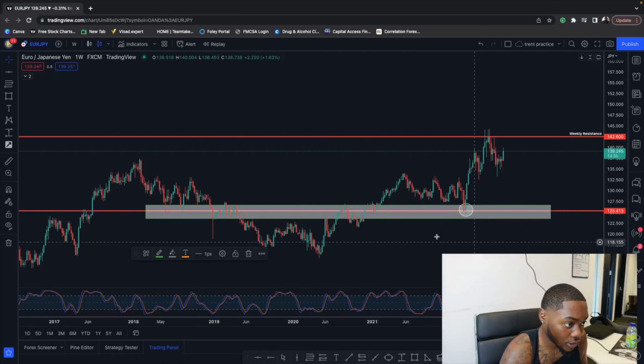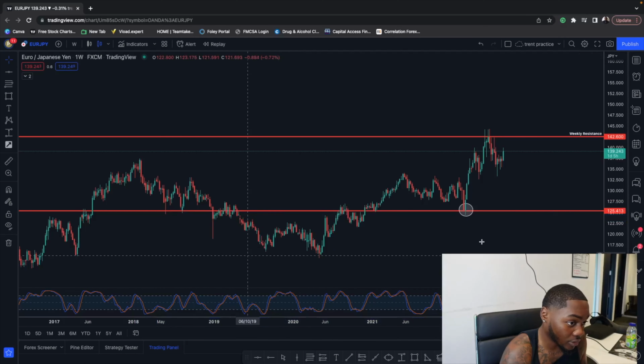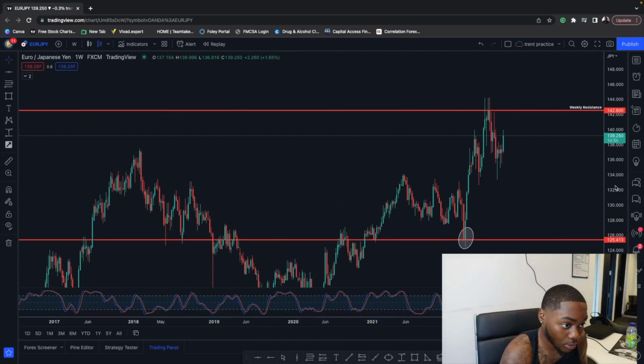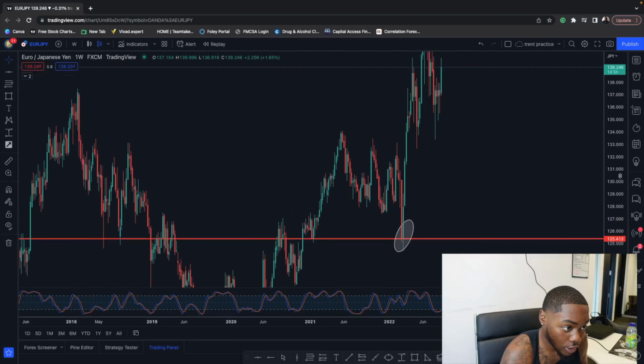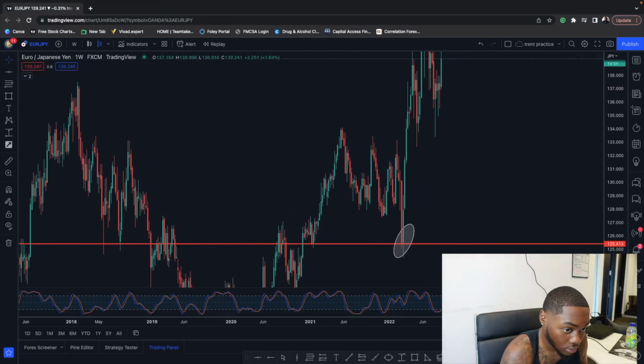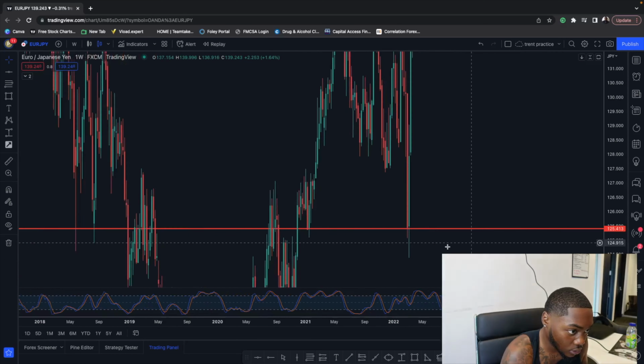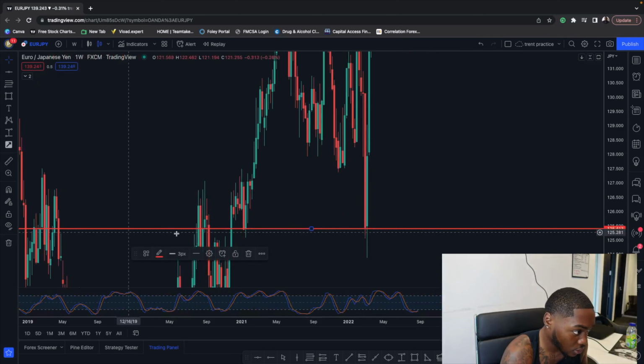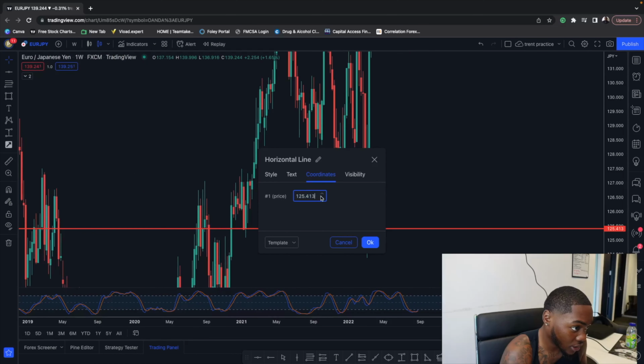As we can see here, there's a lot of confluence right on this level, which lets me know that this is an important support level. I'm going to do the same thing and get right on the candle. Let's take this out. Trying to get as close to that candle as possible. So let's go with 25 as our nearest quarter point.